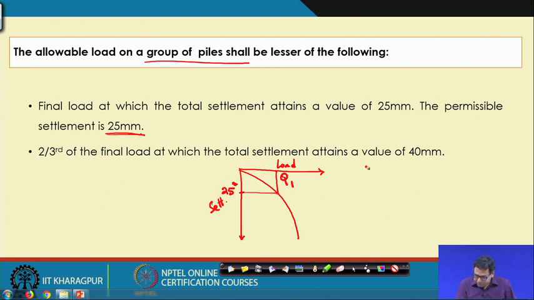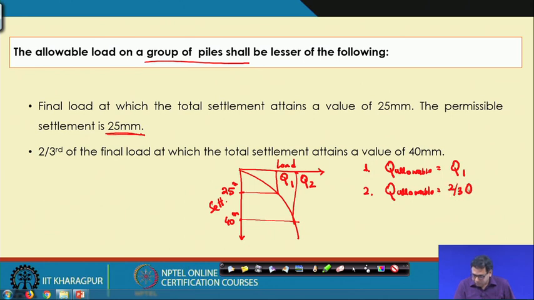As per clause 1, your Q allowable is equal to Q1. And as per clause 2, it is 2/3 of the final load at which total settlement is 40 millimeter. Suppose this is 40 millimeter, and this is Q2. So, Q allowable is 2/3 of Q2.